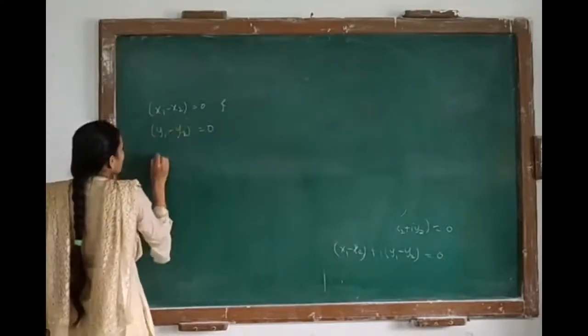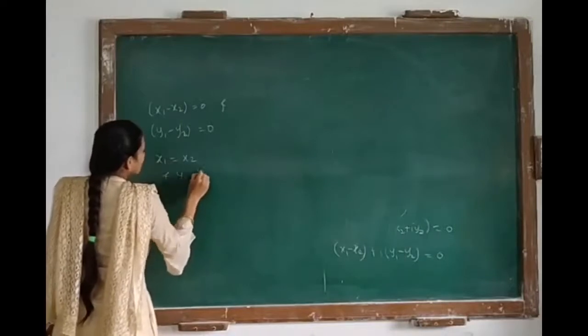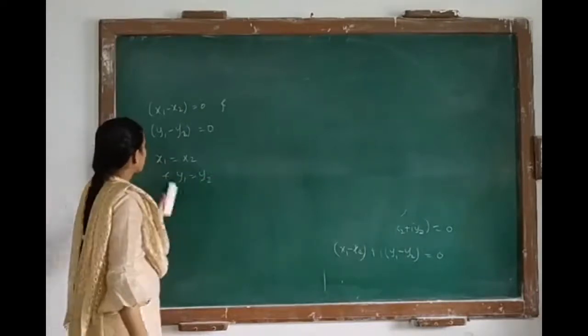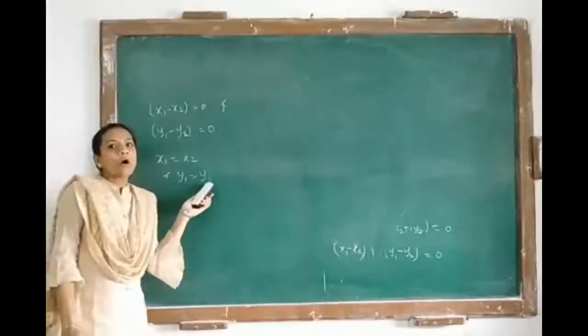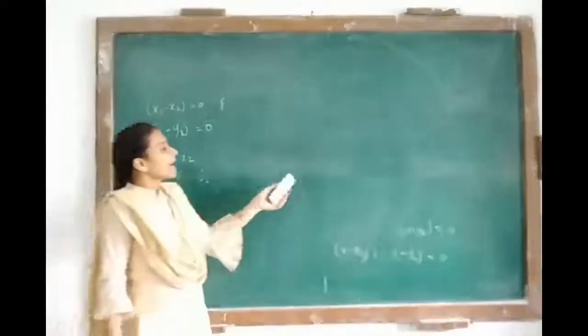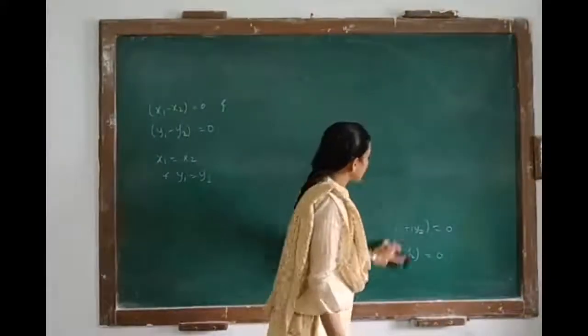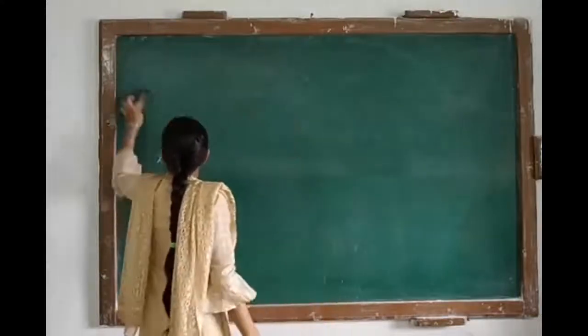So from this I can write x1 equals x2 and y1 equals y2. This means when real parts of two complex numbers and imaginary parts of two complex numbers are separately equal, then we can say that both complex numbers are equal. That is nothing but equality of two complex numbers.